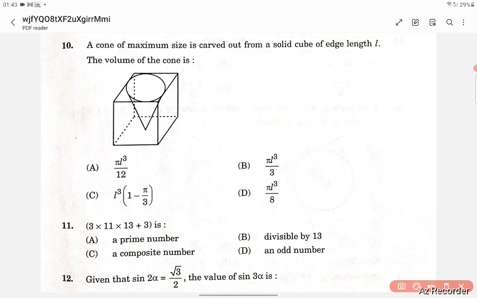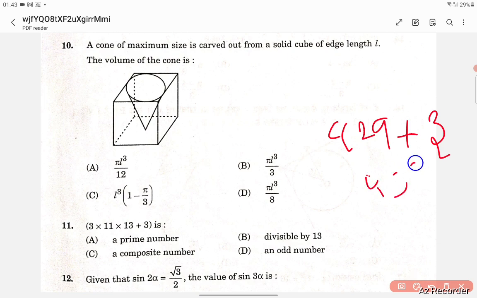So 33 into 13, the value is 429, and we are adding 3 to it, so that is 432. And is it divisible by 13? It is not divisible by 13.